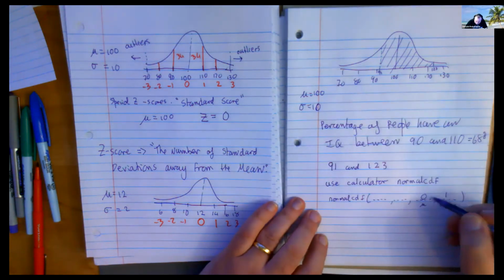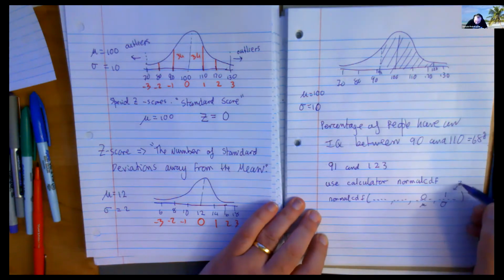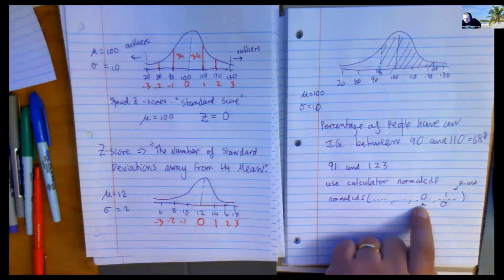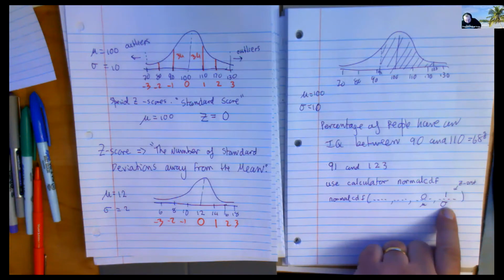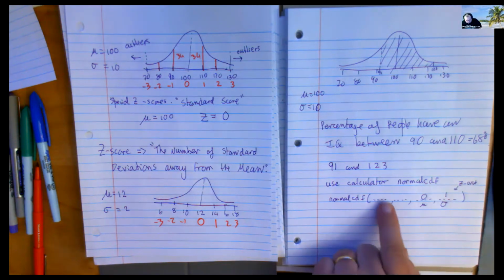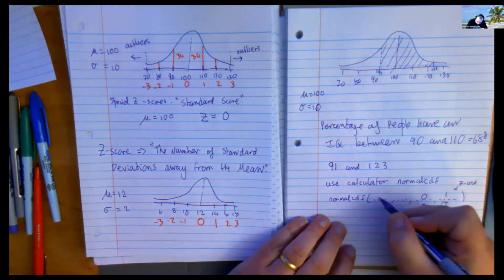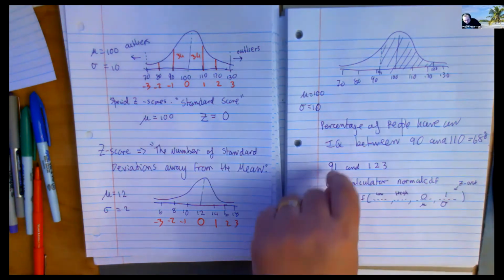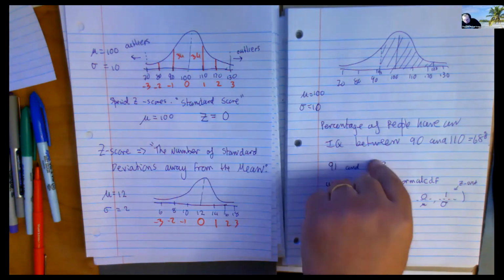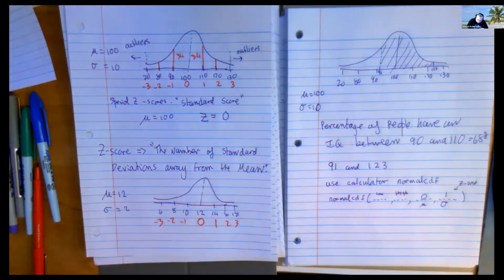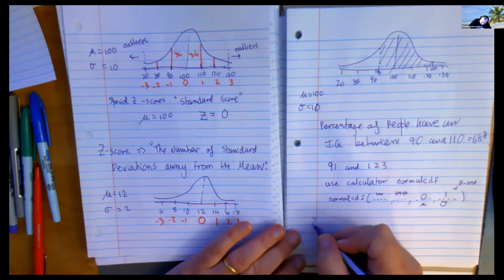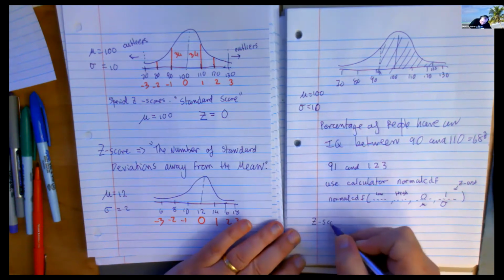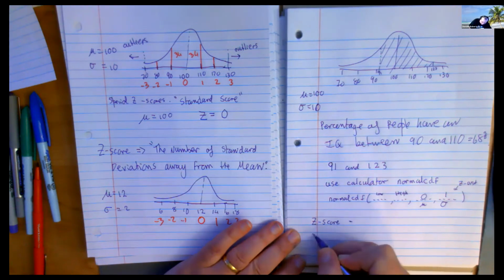We're talking here about a Z distribution. So in a Z distribution, the mean is 0 and the standard deviation is 1. These 2 numbers here are going to be the low number and the high number. You do not put in 91 here or 123 here. What you have to do is find what they are as Z-scores.